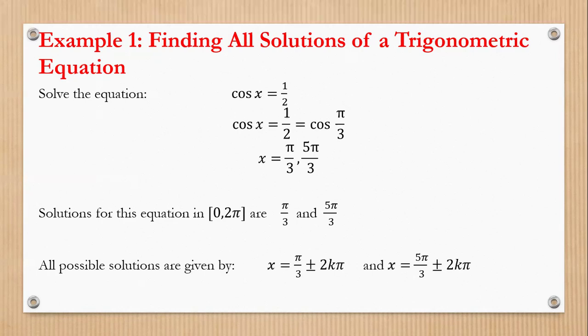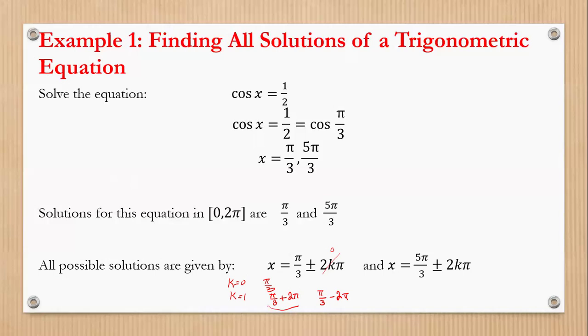What is 2k pi? k is just an integer. You can replace a number for k. For example, if I replace k by 0, this whole thing goes to 0, so the answer is pi over 3. If you replace k by 1, your answers are pi over 3 plus 2 pi or pi over 3 minus 2 pi. Pi over 3 plus 2 pi means an angle in the second rotation.